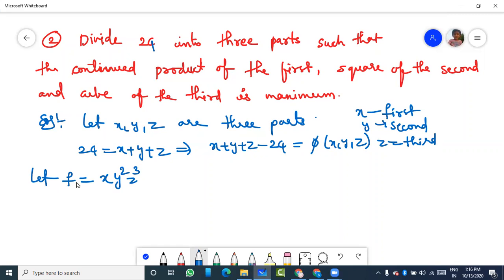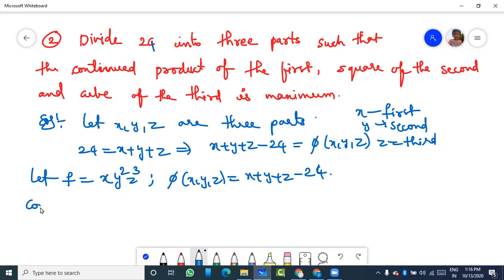In which function can we find the maximum? Let that function be f, and it is related to pi. Pi of x, y, z is equal to x plus y plus z. That is the major clue here.